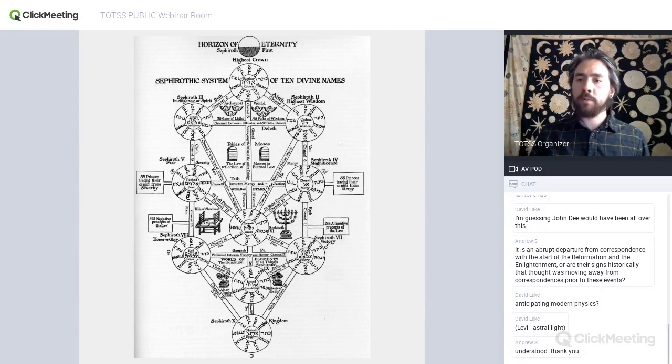There's also some question about where the Fool should go. So if you've seen Eliphas Levi's attributions, he does them in order of the trumps and in alphabetical order, but he starts with trump number 1, the Magician, and that gets attributed to Aleph, and then trump number 2, the Popess or High Priestess, gets associated with Beth, and so on.